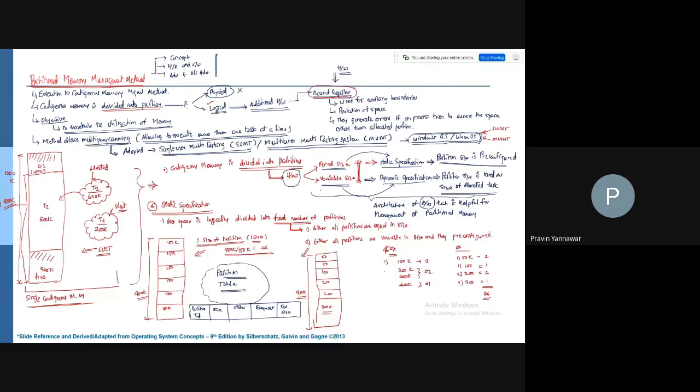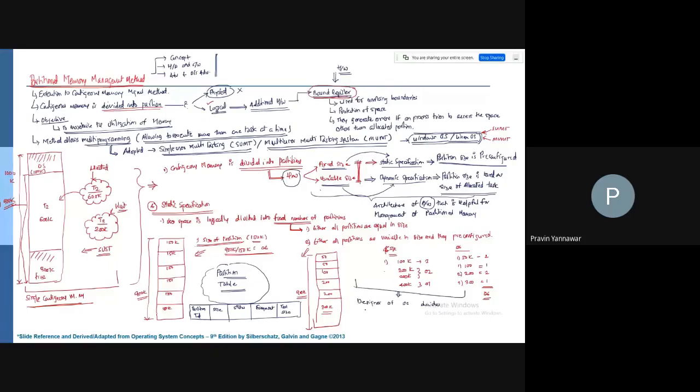Now, who is going to decide this pre-configuration? The designer of the OS decides this mechanism, like how the partitions are being created.